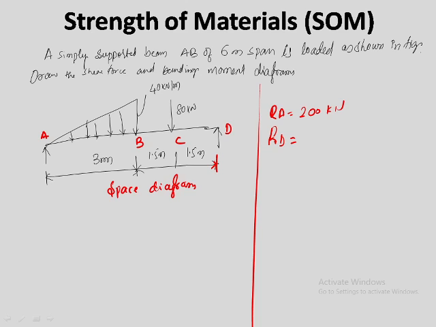RD. Zero, sir. 0. One given answer as RA equal to 200 kilonewton and RD equal to 0. Now what about others?